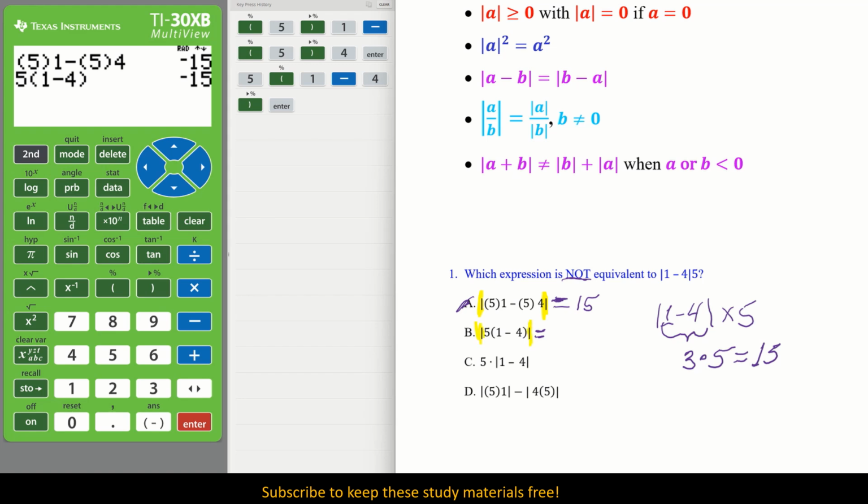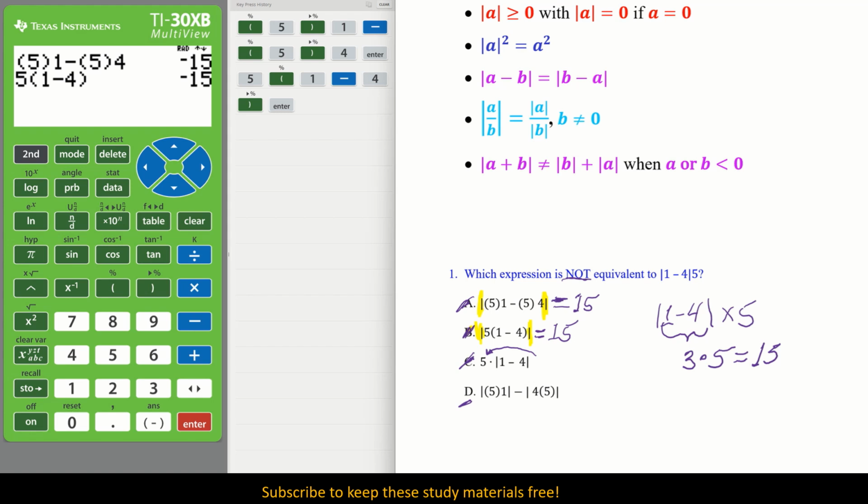I type in what they gave me, then I deal with the absolute value in those cases. So B is not what I want, because that actually equals 15, like the given. Now let's look at C. Actually, C is the same thing as the given. The only difference is they took the 5 and moved it to the front. So mark that out. This means we hope that D is the correct option.